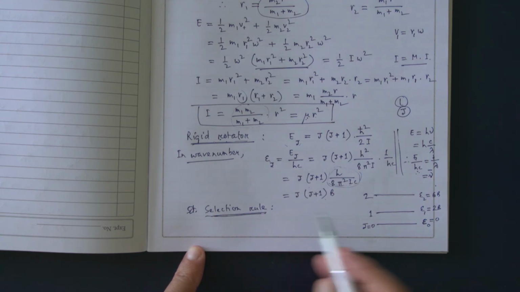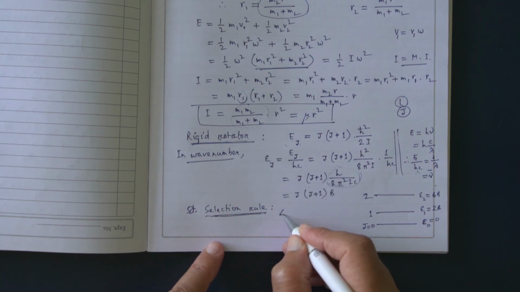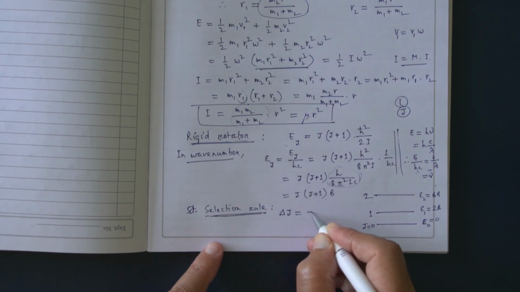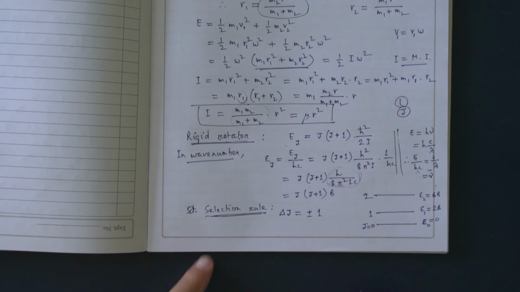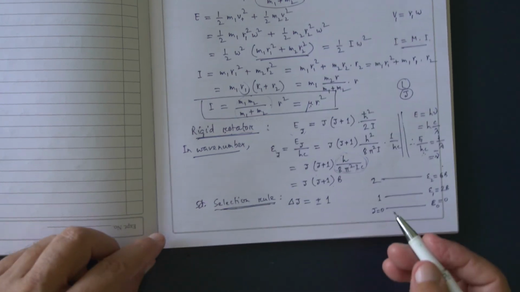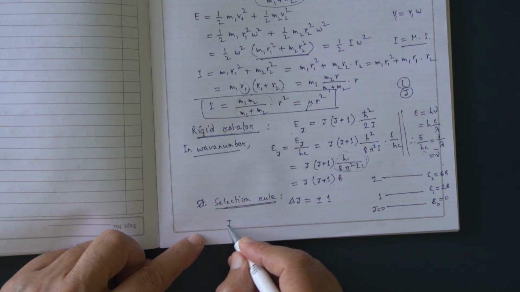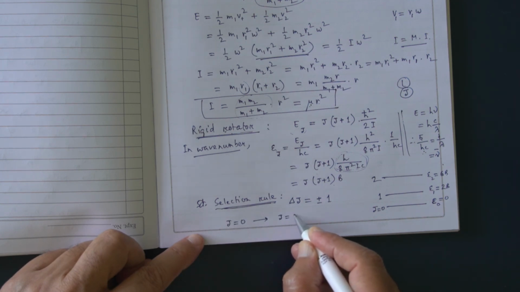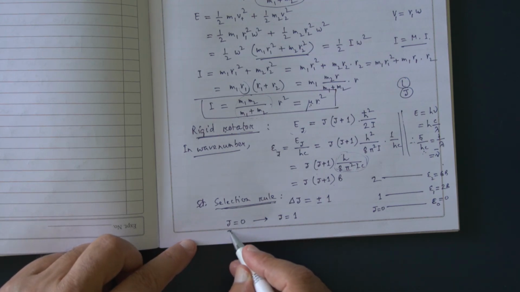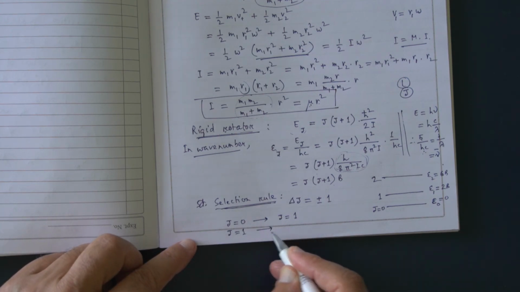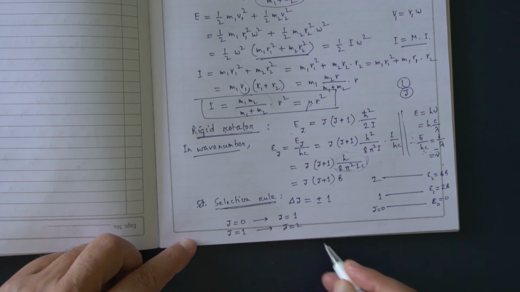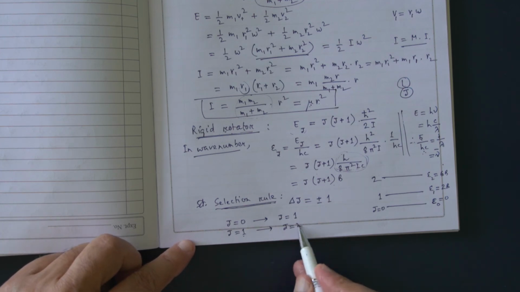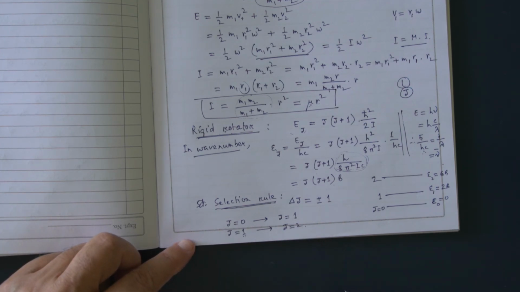Now in this case, the selection rule is delta J equal to plus minus 1. That is, transition may take place from J equal to 0 to J equal to 1, or J equal to 1 to J equal to 2, or 2 to 3, 3 to 4, like that.